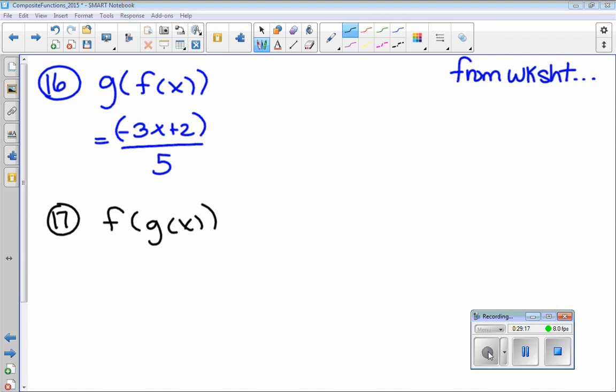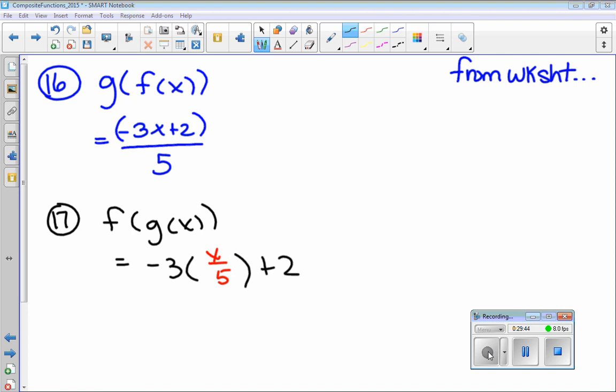All right, as I'm walking around, almost all of you have the following, which is correct. Starting with our f, negative 3, parentheses, plus 2. And then inside those parentheses went x over 5. And a lot of you were like, am I done? How do I know when I'm done simplifying? This actually could be simplified a little bit more.